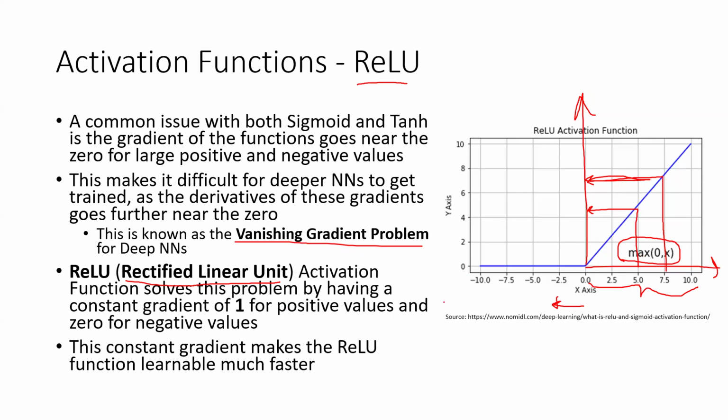And it can also learn faster because these gradients are not getting reduced; the gradient is always equal to 1 when you are backpropagating through these neuronal layers. So these neural networks can learn much faster than networks using either the tanh or sigmoid activation function.